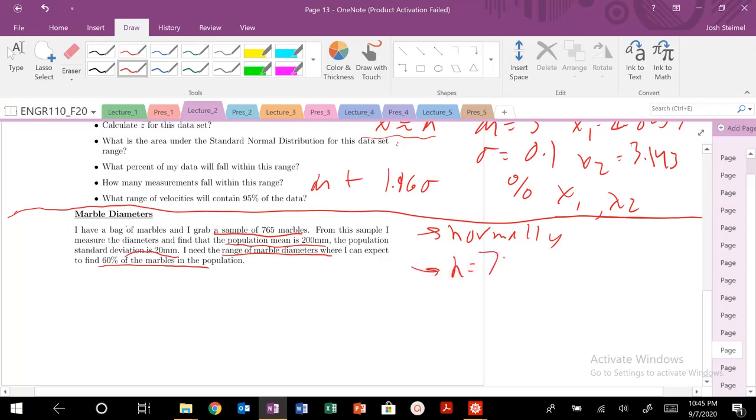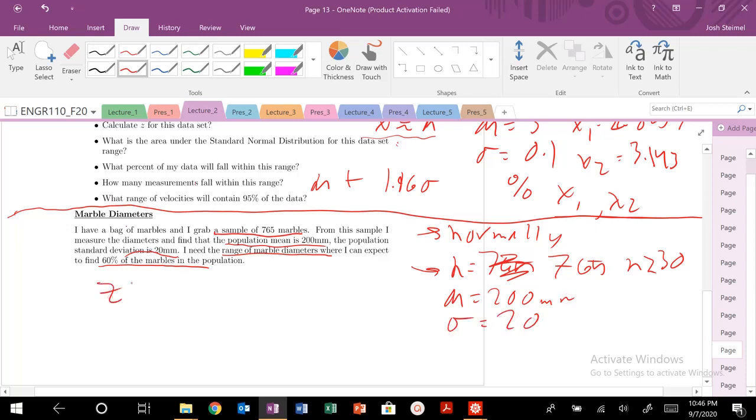N is equal to 765. So we know that n is greater than or equal to 30. We're dealing with large sample sizes. We know that mu is equal to 200 millimeters. We know that sigma is equal to 20.